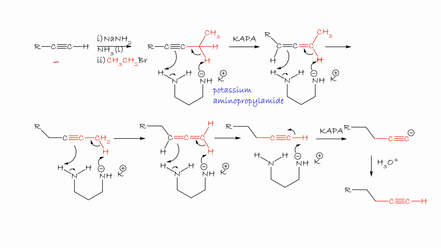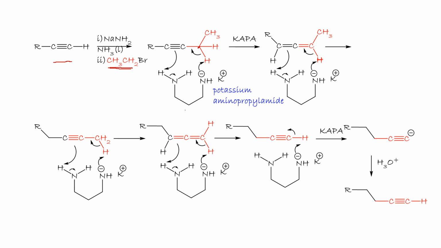Starting with the alkyne, treat it with sodium amide and liquid ammonia, and then add the two carbons you need, ethyl bromide. It will be CH2CH3.